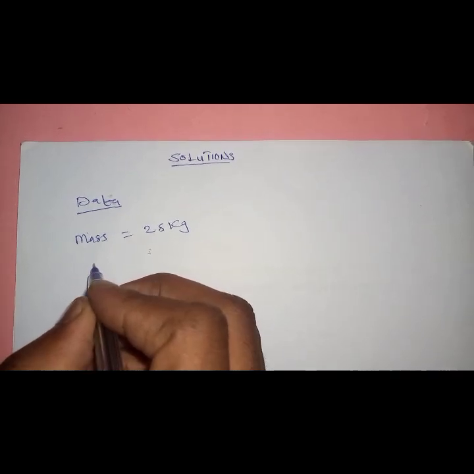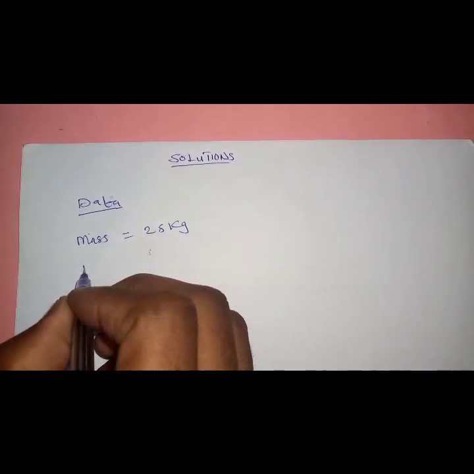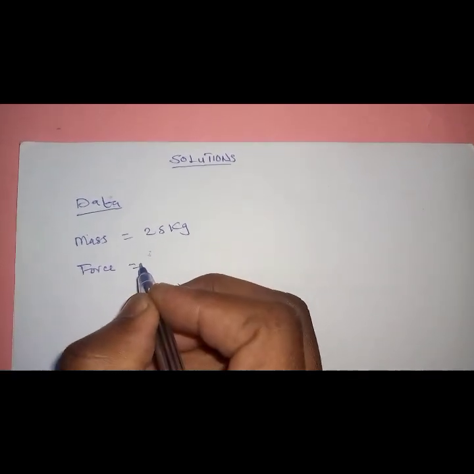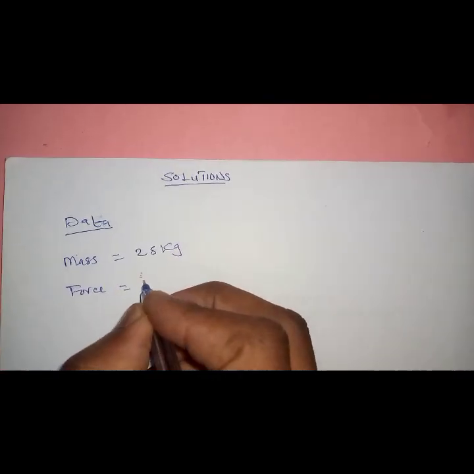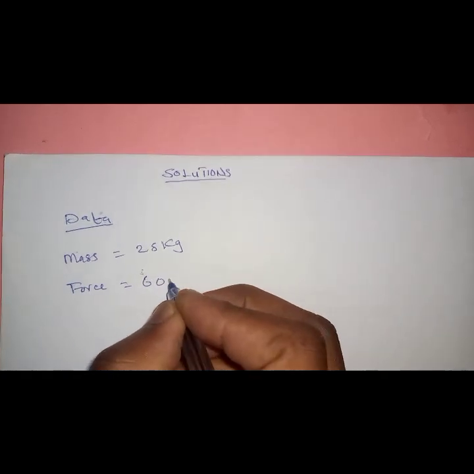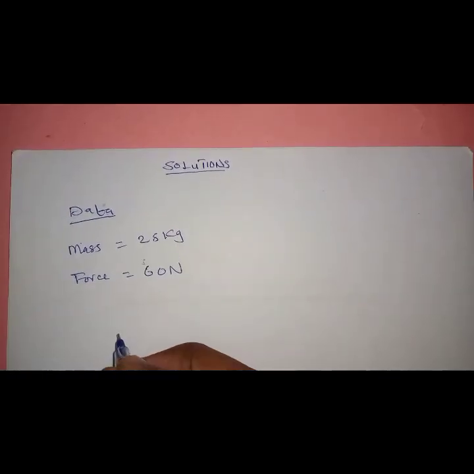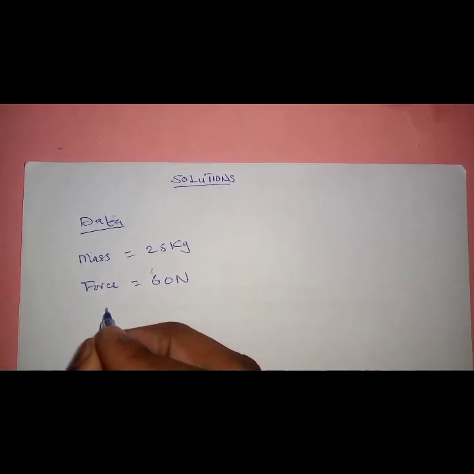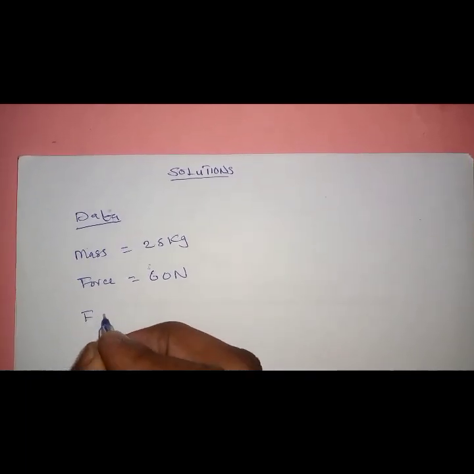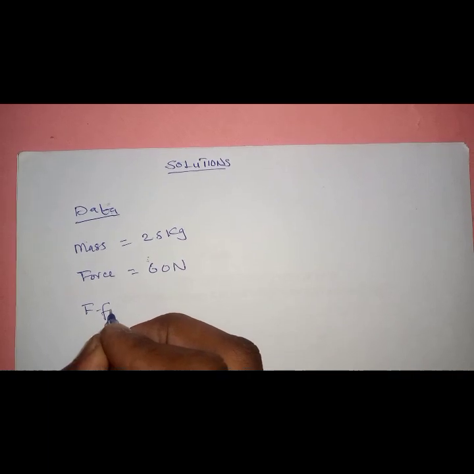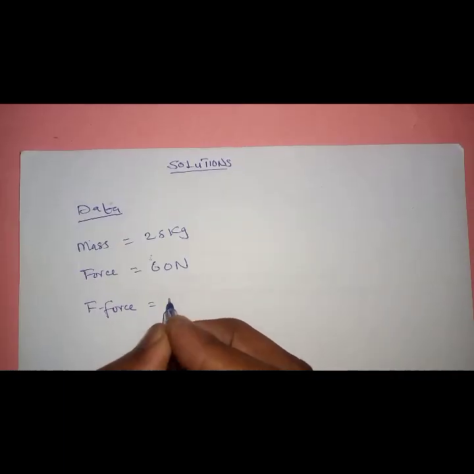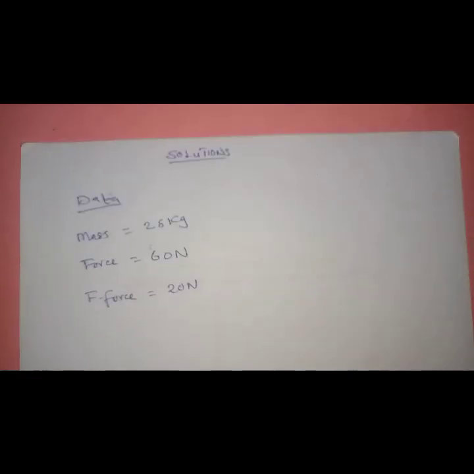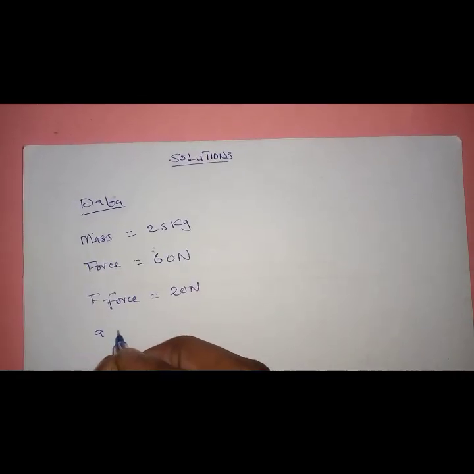We have a horizontal force of 60 newtons. Then we have a constant frictional force of 20 newtons. And what we are being asked here is to calculate the acceleration.